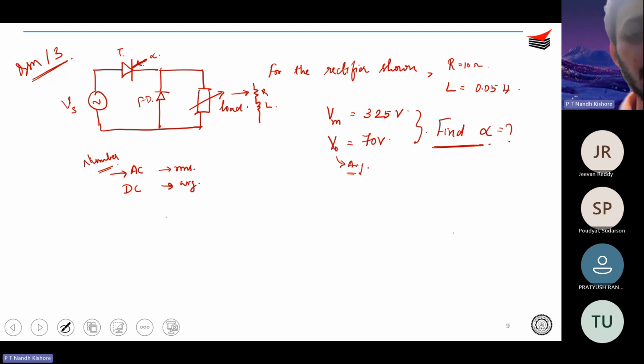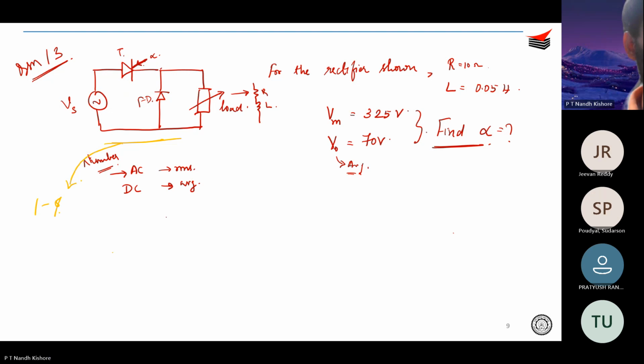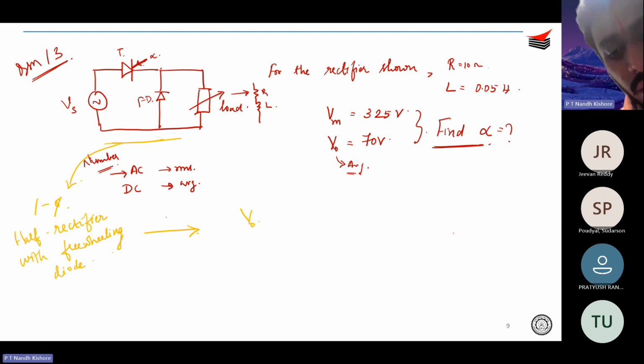This is a pretty simple problem. If you know the formula for V naught, you are done with the answer, right? So what is this converter? This is a single phase half-wave rectifier with freewheeling diode. So what is the V naught? V naught is Vm over 2 pi into 1 plus cos alpha.